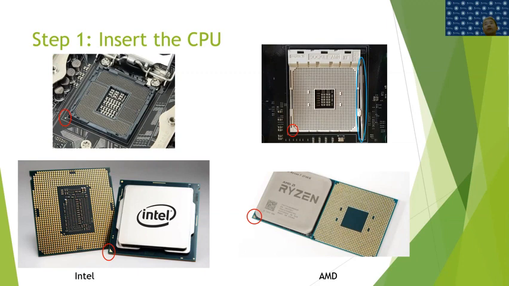Now that you're aware of that, and once your CPU is facing in the right direction, you can begin to install by unlocking the slot by pulling up the tension bar. In this socket the tension bar is circled in blue, so you'll want to lift that up to unlock the socket.